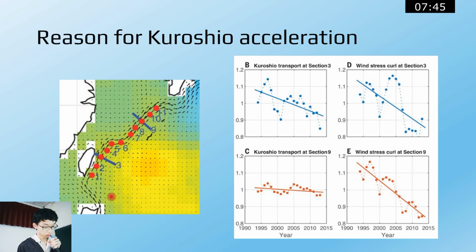Then here is about how the wind stress curl affects the Kuroshio current. First, the data in these four pictures have been normalized, so it is easier to see the relationship between the transport and the year.